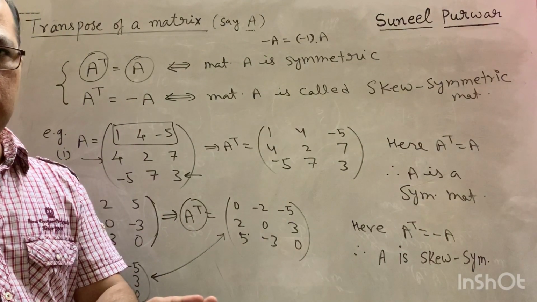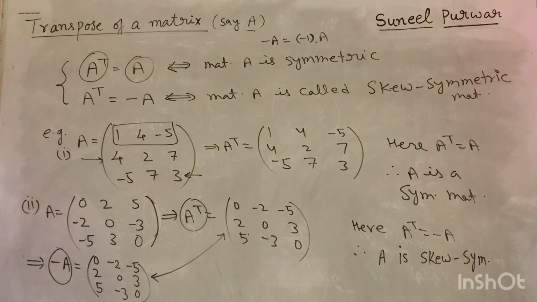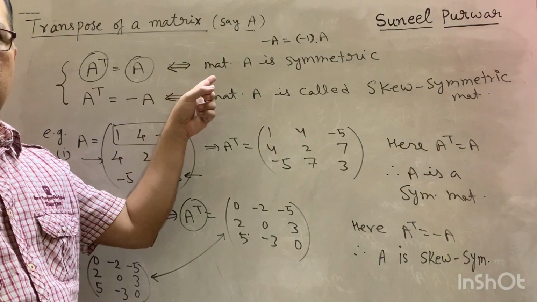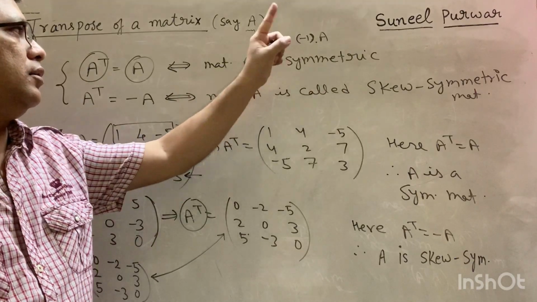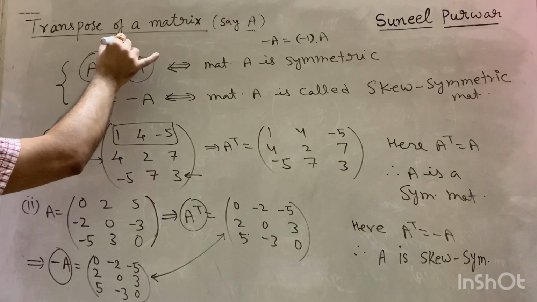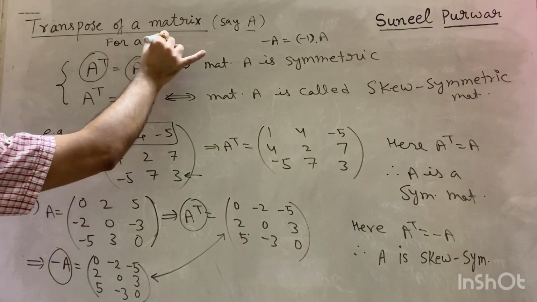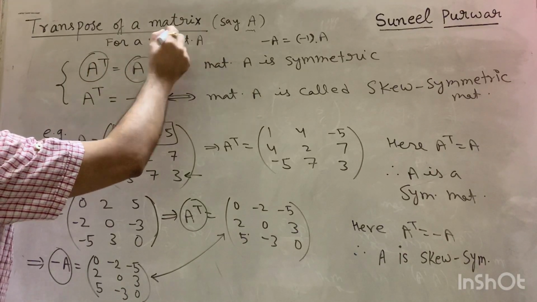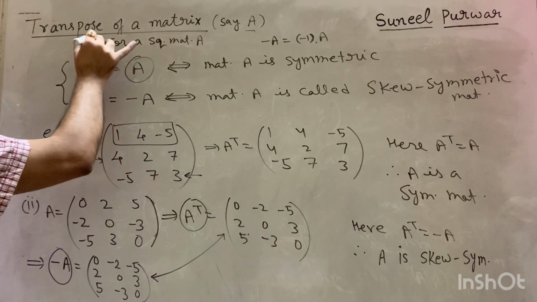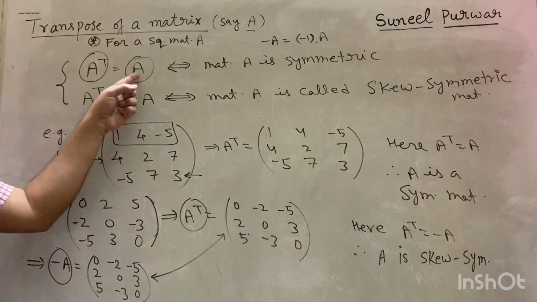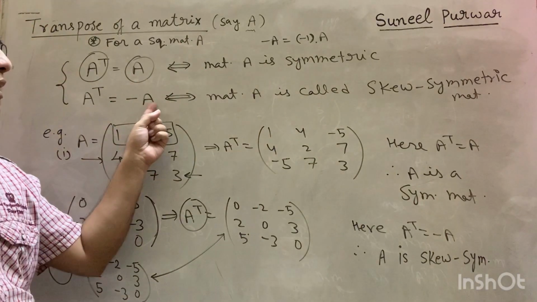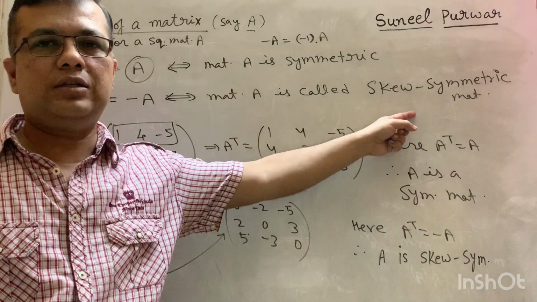Square matrices only. For a square matrix A, if A transpose is A, matrix A will be symmetric, and if A transpose is equal to minus A, matrix A will be called skew symmetric.